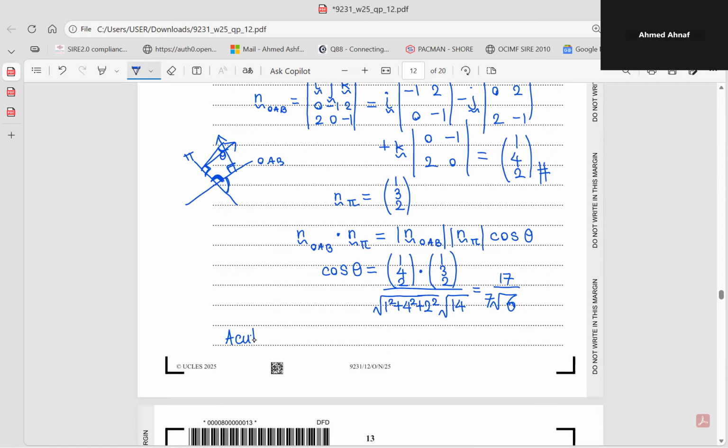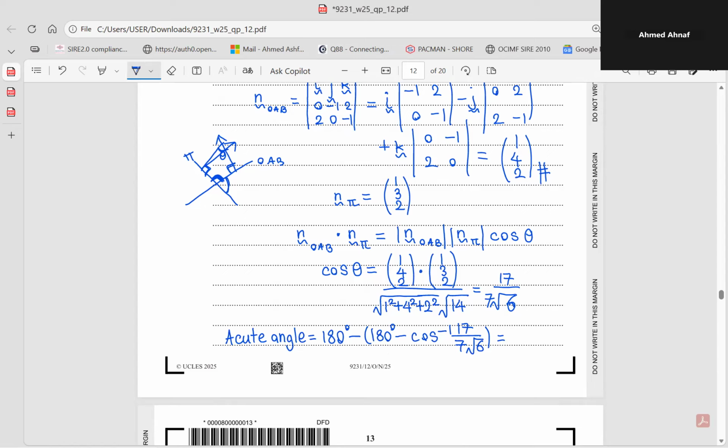So the acute angle is 180 degrees minus this angle, which is also 180 degrees minus cosine inverse 17 over 7 square root 6.